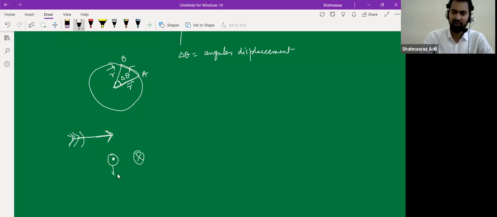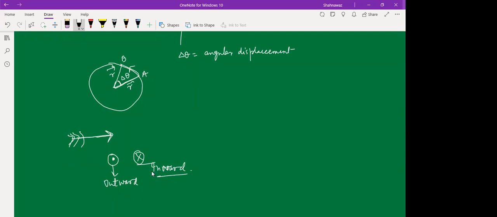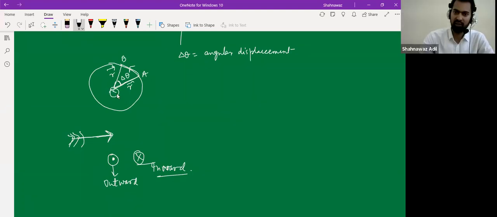So this is outward and this is inward. Did you understand this analogy? Yes, sir. So delta theta will be in this direction. Understood?